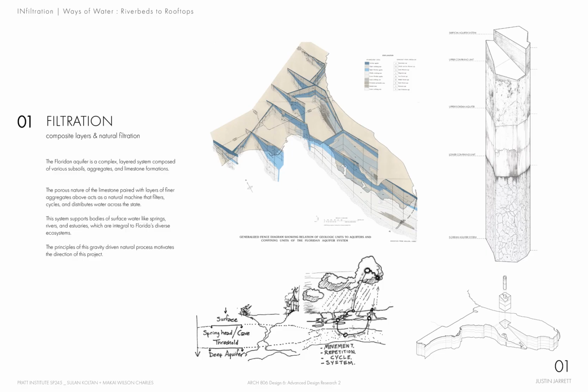Precipitation filters naturally down through this entire system and is then released into estuaries and creates various ecosystems around the coastline. So the inspiration is following that gravity-induced filtration system in general.